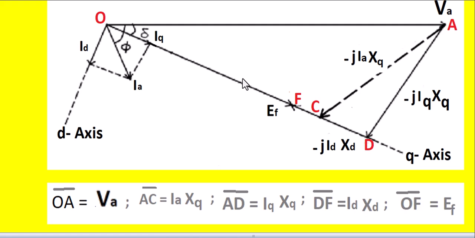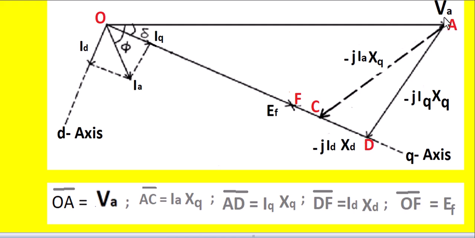It is like this. To draw the vector diagram, this is the procedure. First, fix the scale to the stator voltage Va and draw the line OA which represents Va. This is the stator voltage per phase. Similarly, the stator also takes current because it is a motor. That current we call Ia, and this Ia lags the Va by an angle called phi.